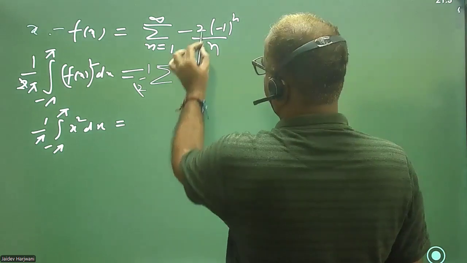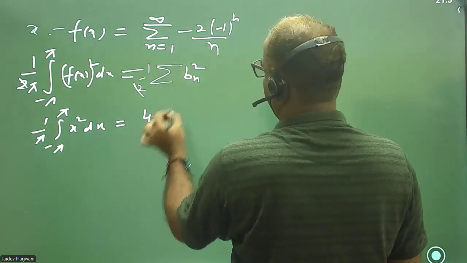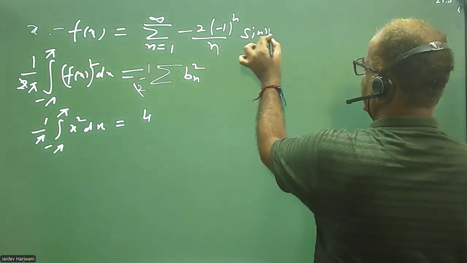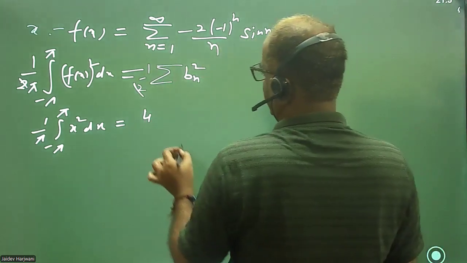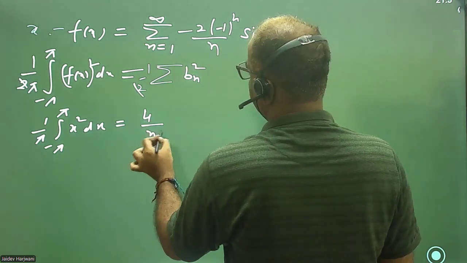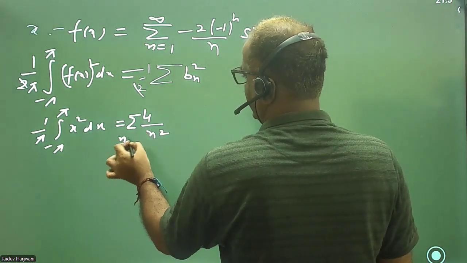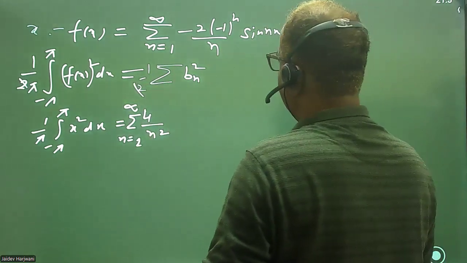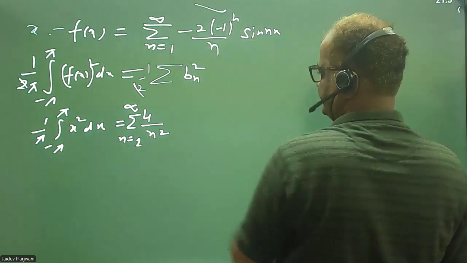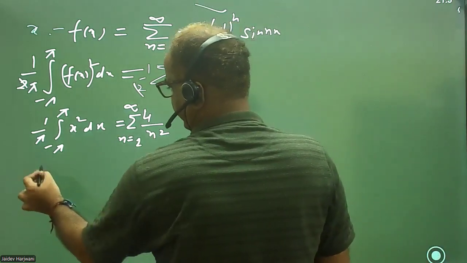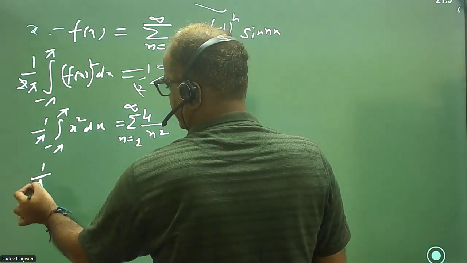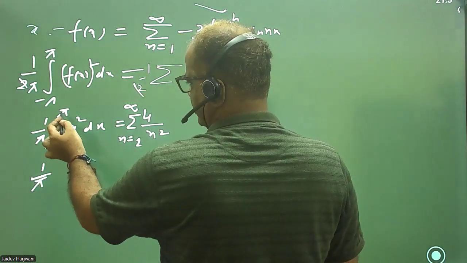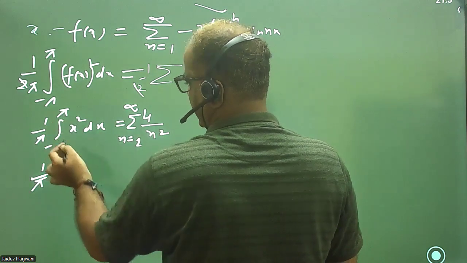And here bn square means the square of the coefficient. So you have here 2 squared is 4, and minus 1 squared is 1. This will be 4 upon n square, summation n equals 1 to infinity. I'm only taking the coefficient, bn square. Now if I solve this, the integral of x square gives x cube by 3, from minus pi to pi, which is pi cube by 3 and minus of minus pi cube by 3.